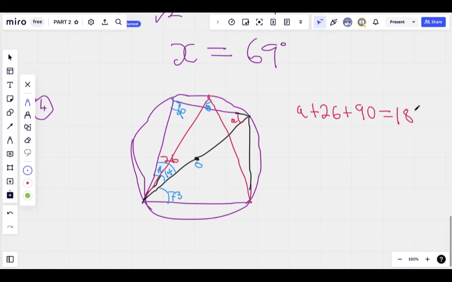Why? Because it's a triangle. It forms a big triangle. This one, this one, this one. So I have two angles here. I can simply add them together and I get the value of this angle.